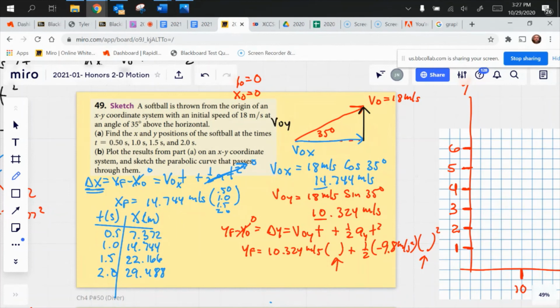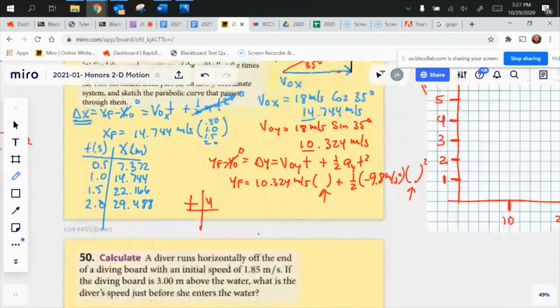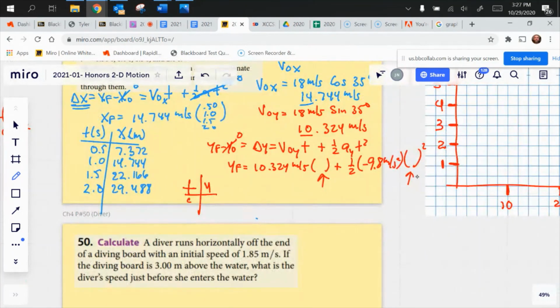So whenever you run that through, you end up getting time and Y of 0.5, 1, 1.5, and 2.